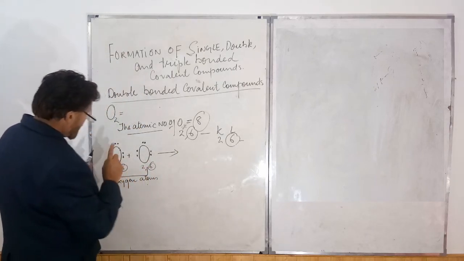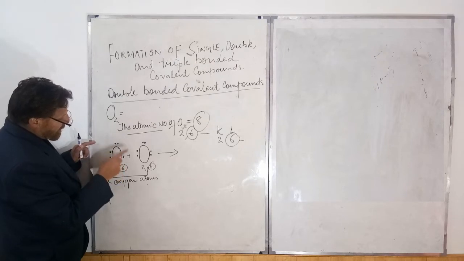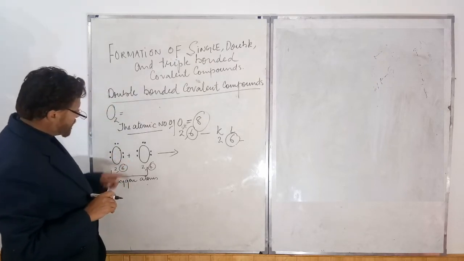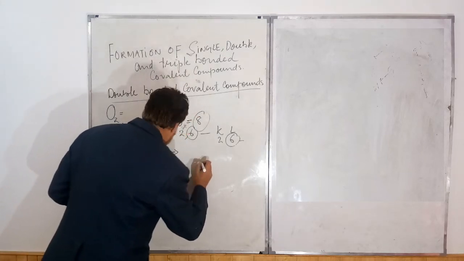But when these 2 oxygen atoms share with each other, giving 2 pairs of electrons, this forms the double covalent bond. Let us see how.